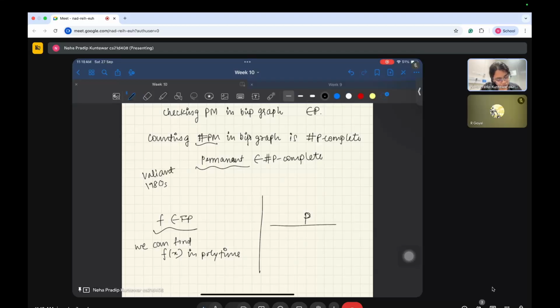So what we can do is check if f of x is greater than 0. If it is greater than 0, that means there is at least one solution, then we will accept. Otherwise, we will reject. Because this is actually doing something stronger, it's not just telling us whether there is a solution, it's telling us the number of solutions.